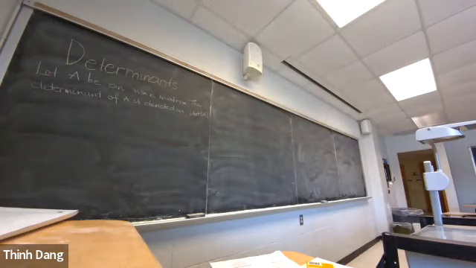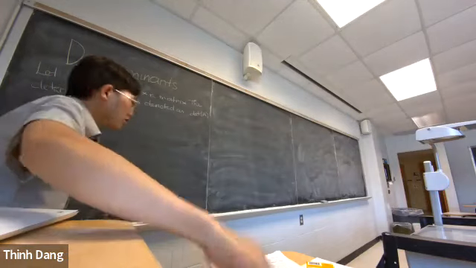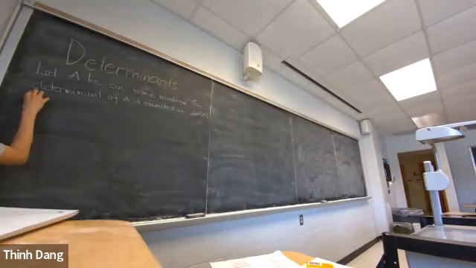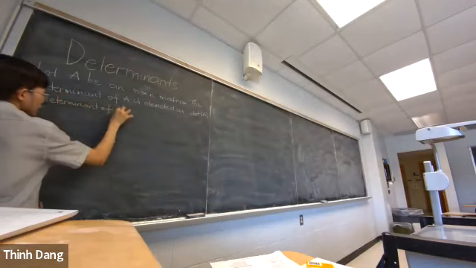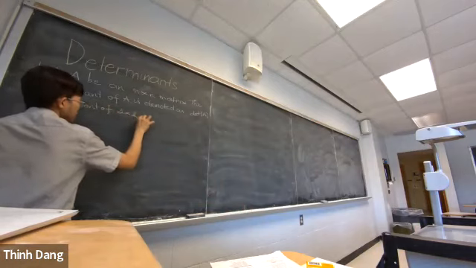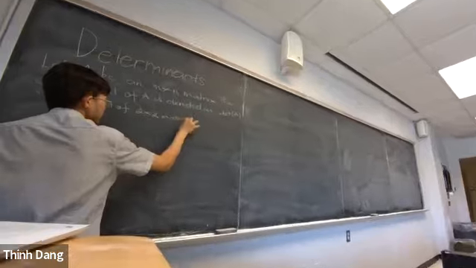First, let's start with the easiest square matrix, a 2 by 2 matrix. So we will have the determinant of 2 by 2 matrices.